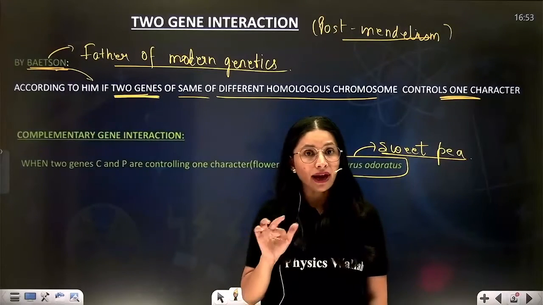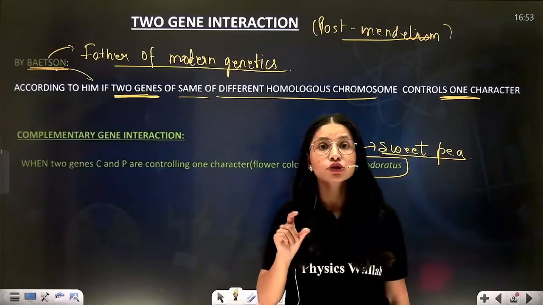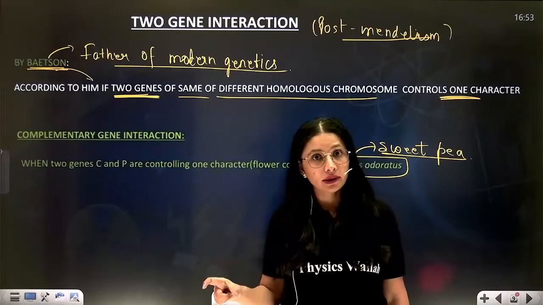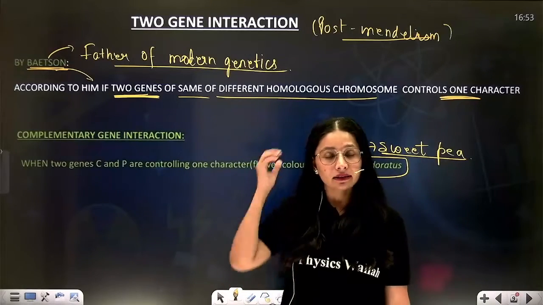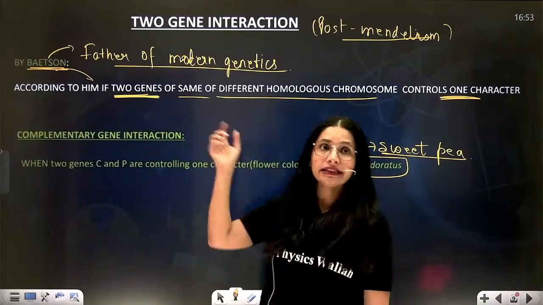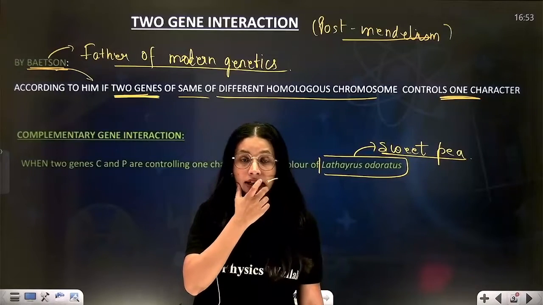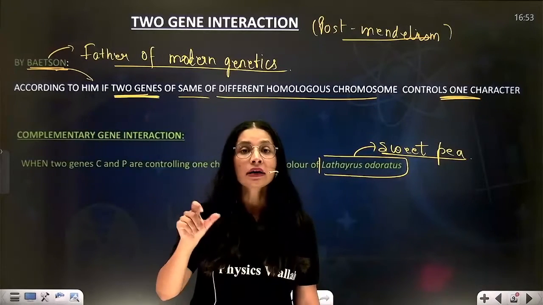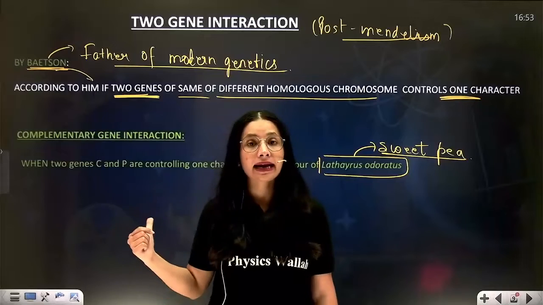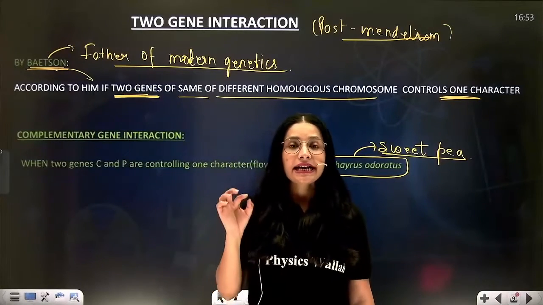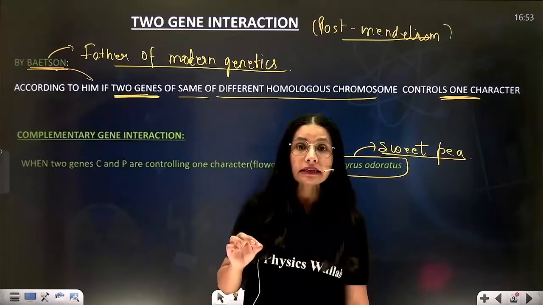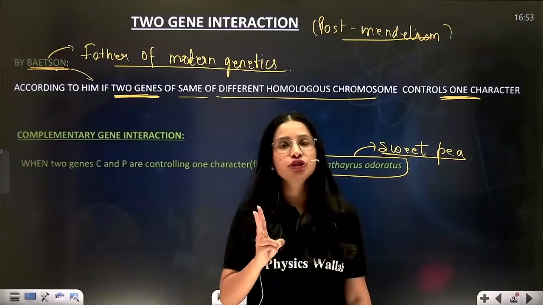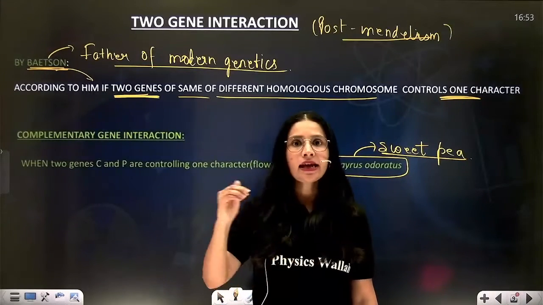In the same family, there is one more pea called sweet pea, Lathyrus odoratus. On Lathyrus odoratus the scientist Bateson worked, and he saw that the flower color of Lathyrus odoratus is under the influence of two genes, that is C and P.